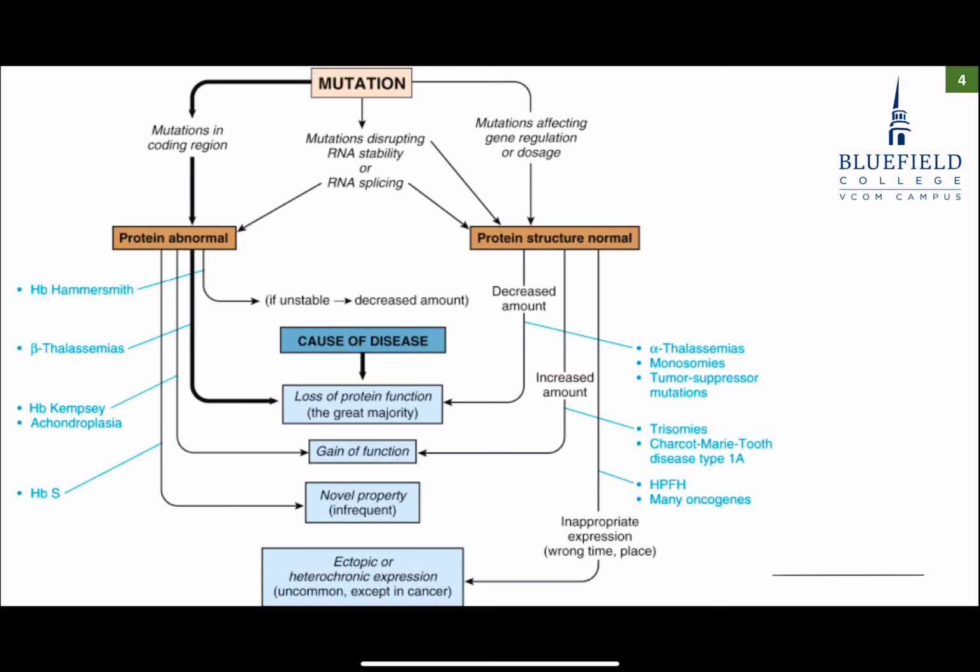Sometimes the effect is opposite, which we call gain of function. That's relatively rare, but that happens. I'll give some examples later on, but basically the function is increased. So whatever the protein does, there's some extra activity associated with the mutation.